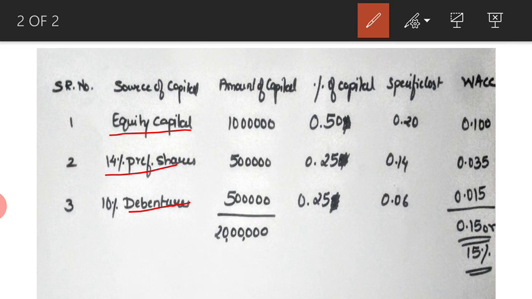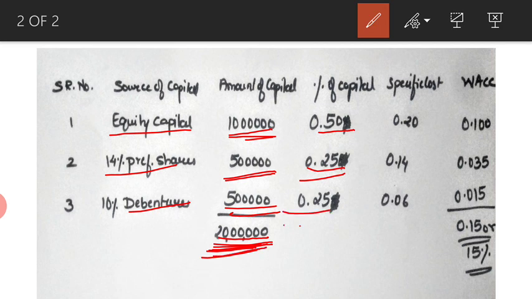I'll repeat it: 10 lakh equity divided by total capital of 20 lakhs is 0.5, 5 lakh divided by 20 lakhs is 0.25, again 5 lakh divided by 20 lakhs is 0.25. This is how we calculate the proportion of capital.